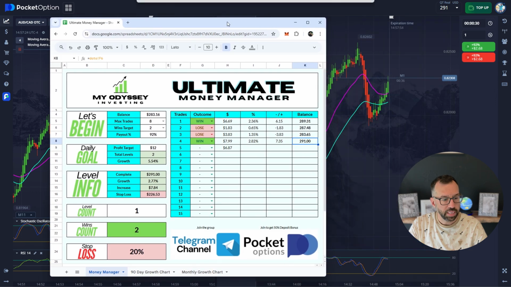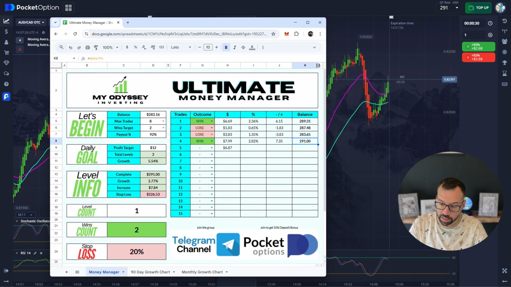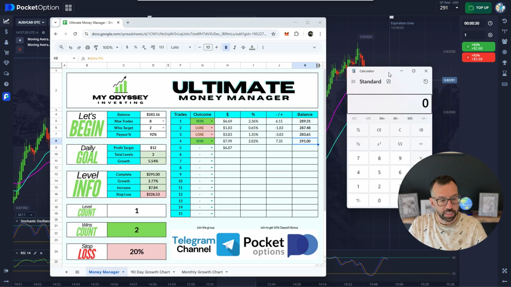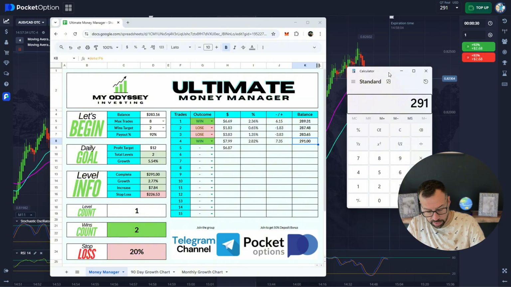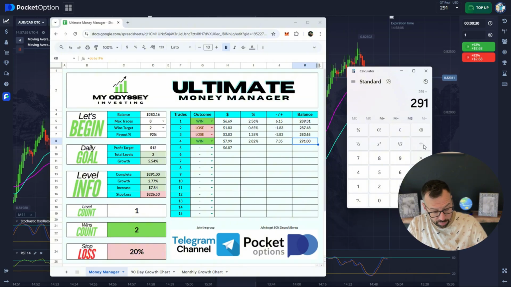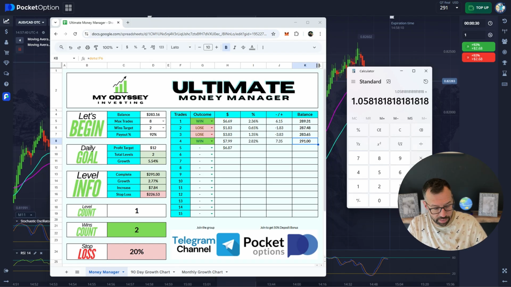So let's bring in our calculator so we can see again the percentage. We are at 291 exactly, and we're going to divide that by 275, where we started out. We hit enter, times that by 100 so we can get the big picture, and then minus 100.